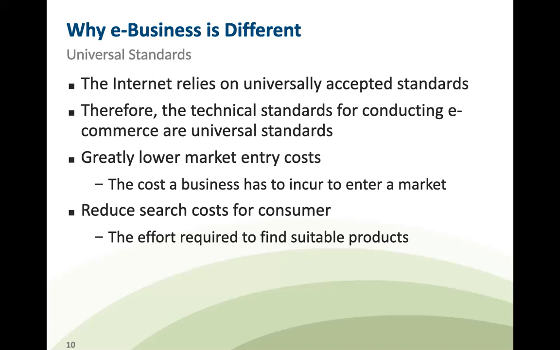Especially when you are going to make payments, you have to make them through a secured payment gateway. Since the internet relies on universally accepted standards, your e-business also indirectly follows those universal standards, right? Therefore, the technical standards for conducting e-commerce are universal standards.